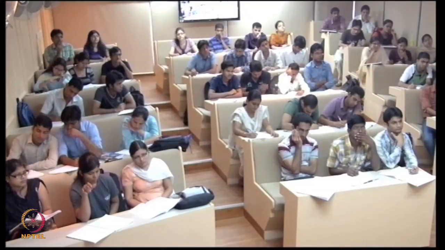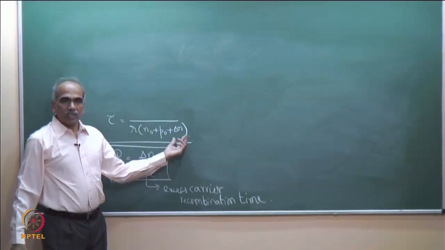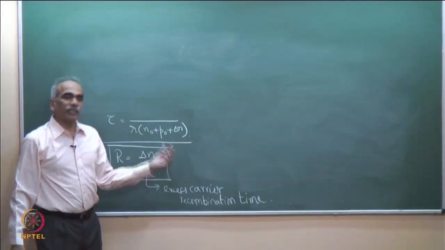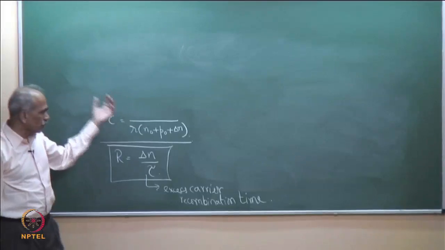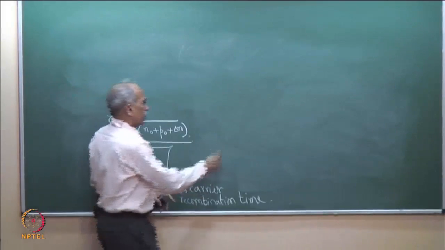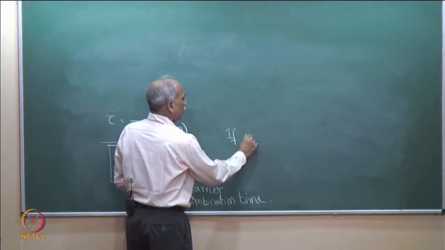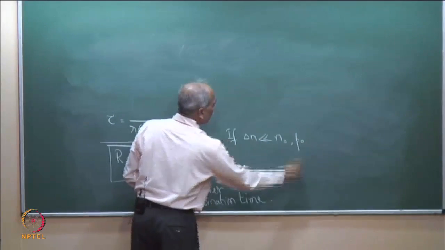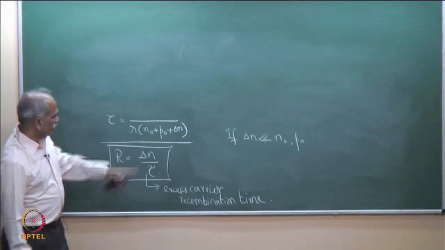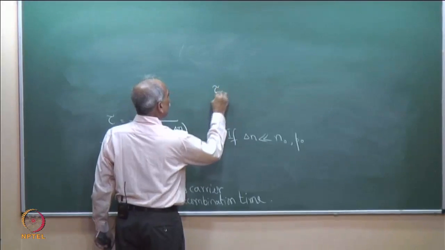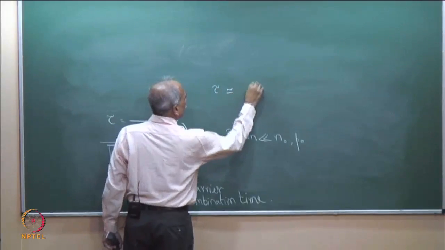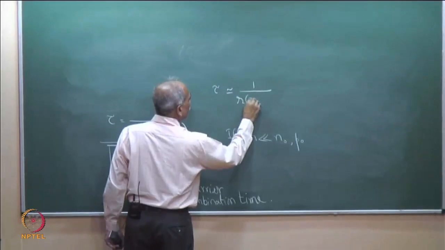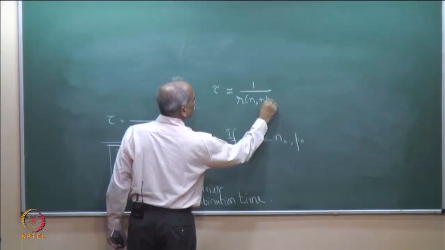If the injection rate R is relatively small, so that delta n is much less than n0 and p0, then this can be written as tau is approximately equal to 1 divided by R into n0 plus p0.